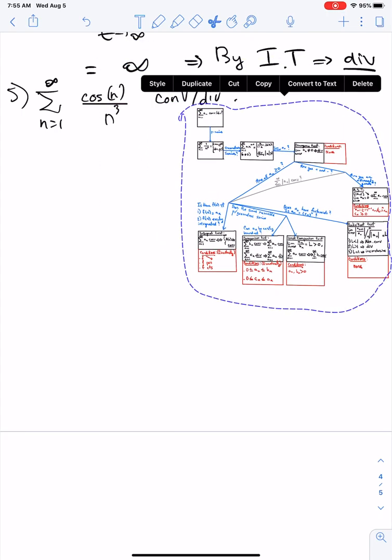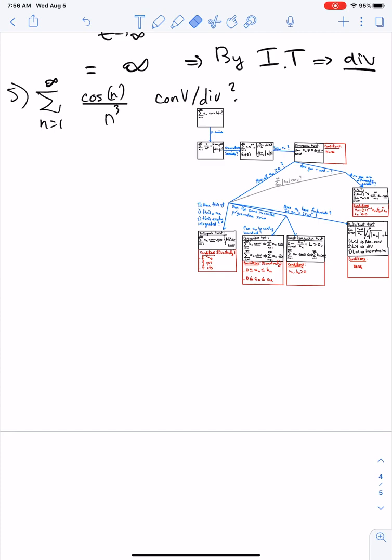Well, P series? Not really, because of the cosine of n. Geometric series, no chance. Divergence test is not going to work because cosine of n is bounded, and the limit of 1 over n cubed is 0. So it's going to be plus and minus because of the cosine of n there.